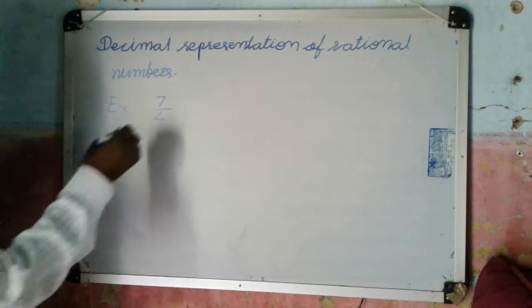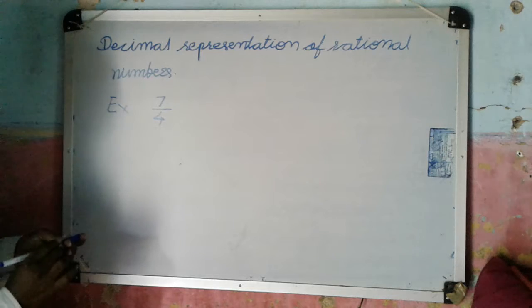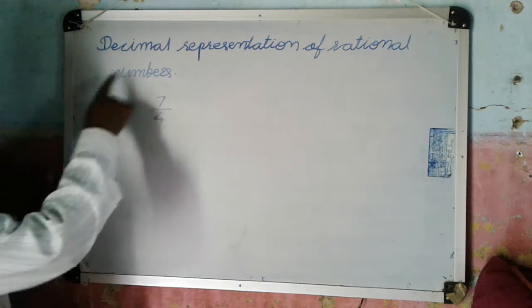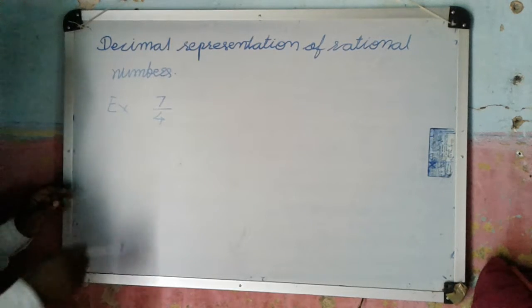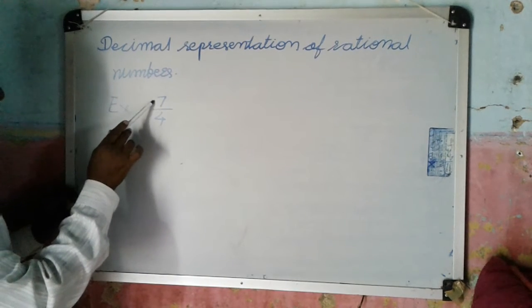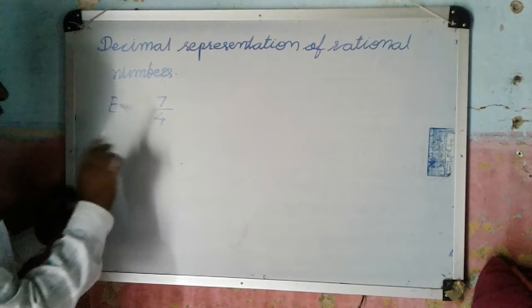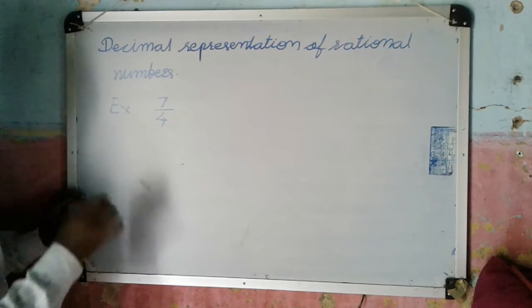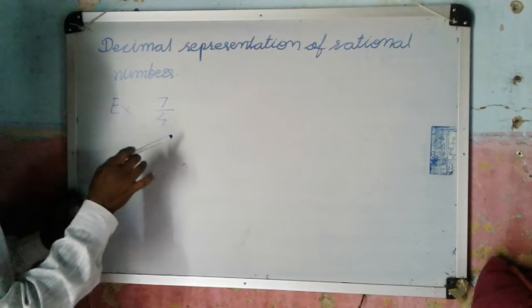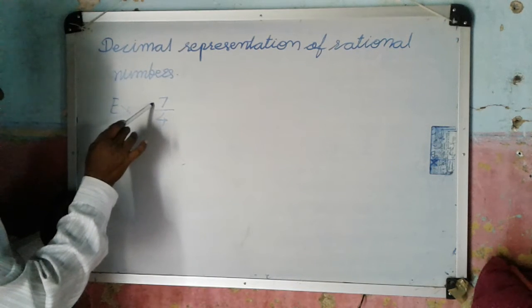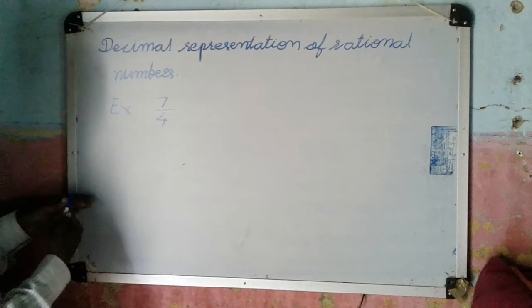This is the rational number. Now we have to write this rational number in decimal form. So this is numerator and this is denominator. To write this rational number in decimal form, we have to divide numerator by denominator. So we will divide it.